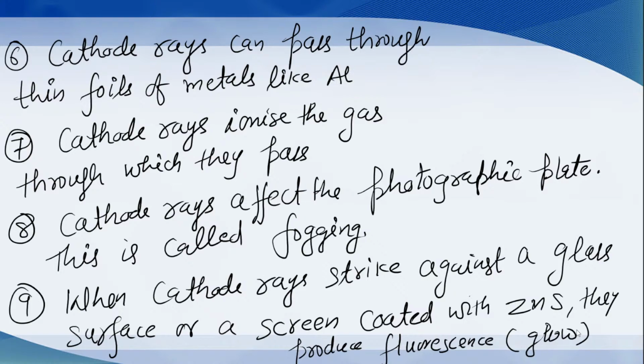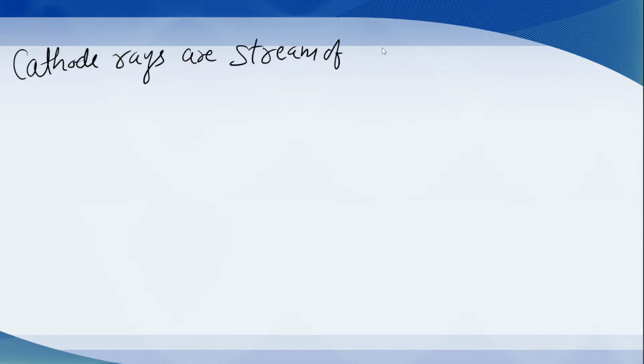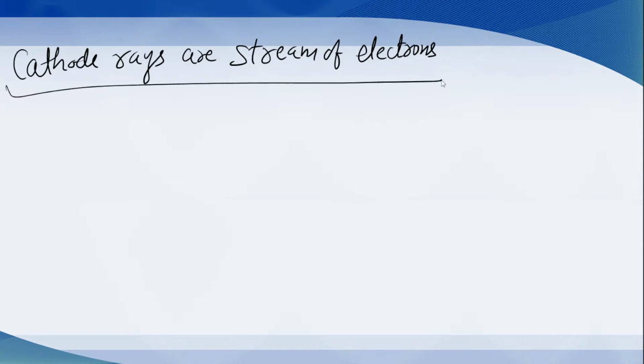That means cathode rays are a stream of electrons. Cathode rays are simply a stream of electrons.